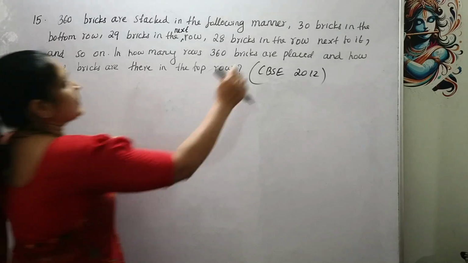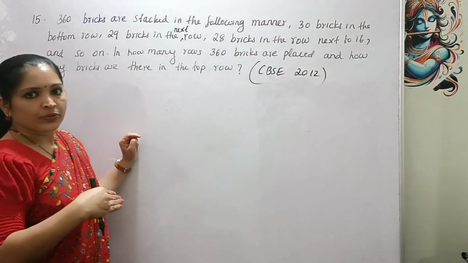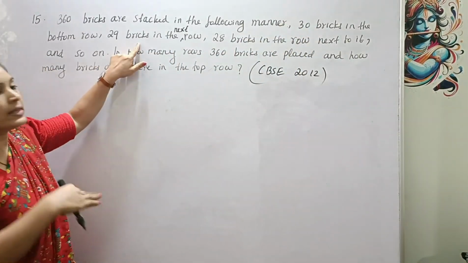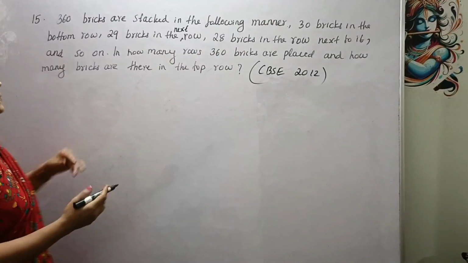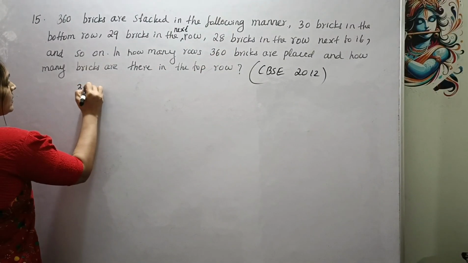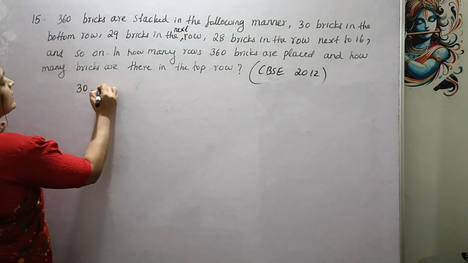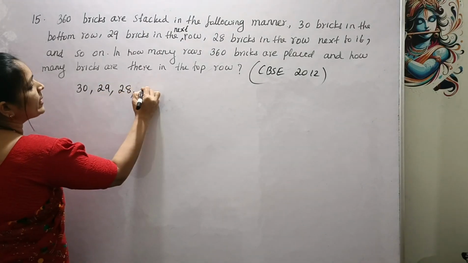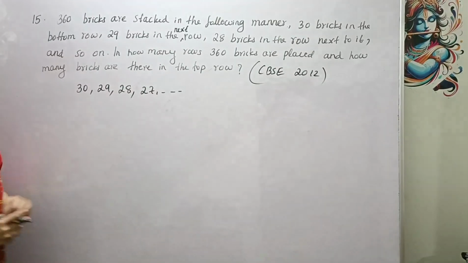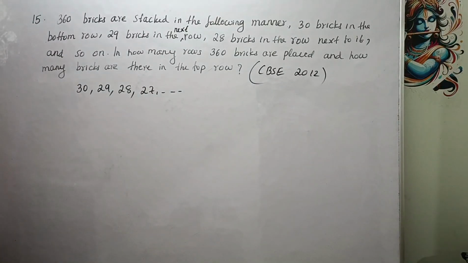How? 30 bricks in the bottom row, 29 in the next, 28 in the next row, 27, etc. There are total 360 bricks.